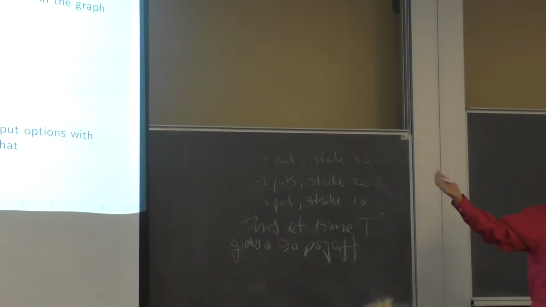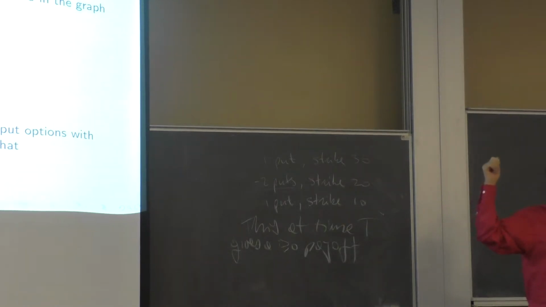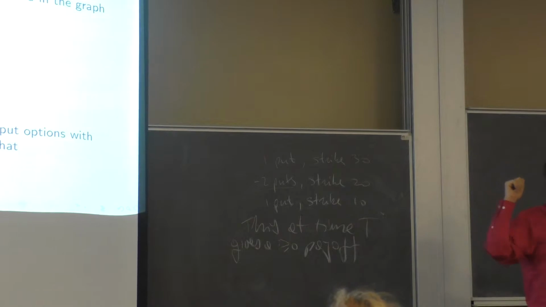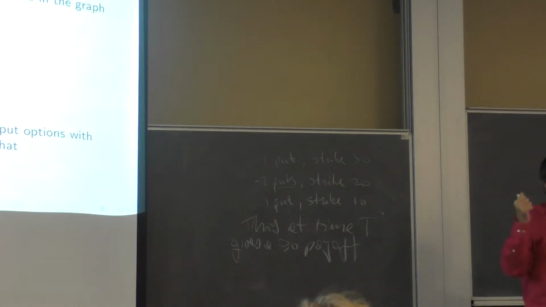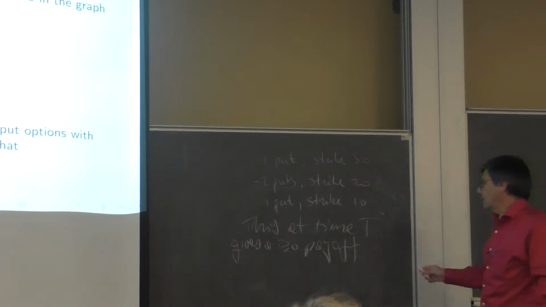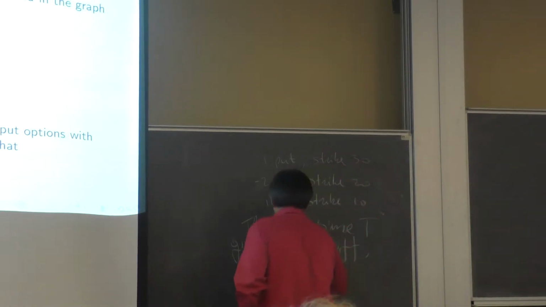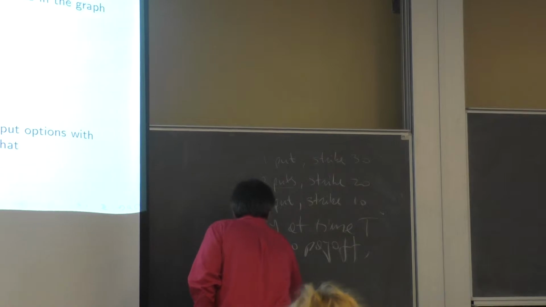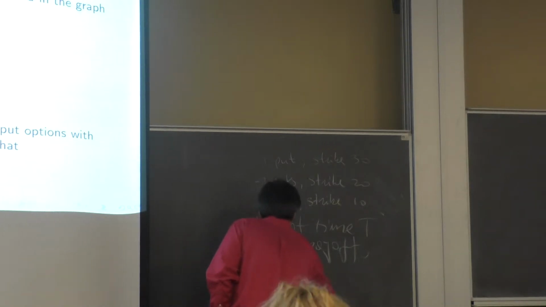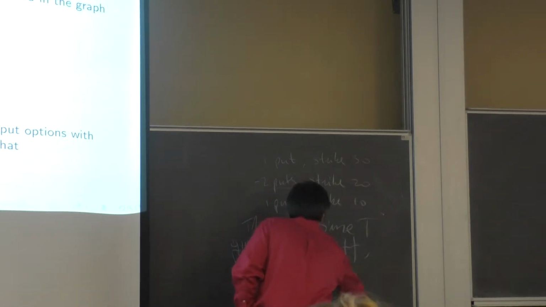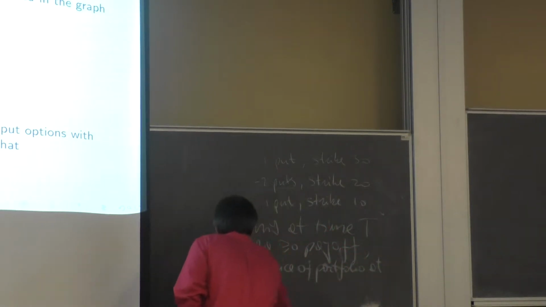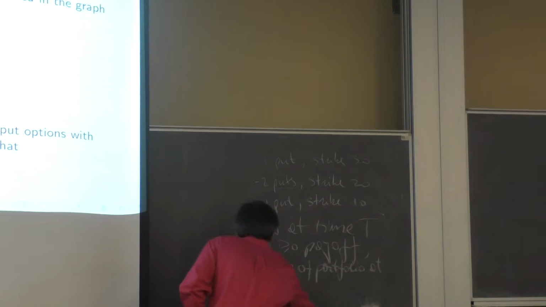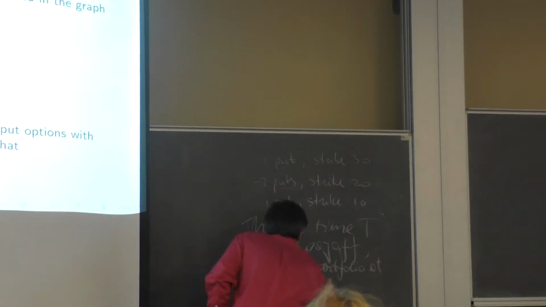In a better scenario, it's going to give me some positive number of pounds. What can I say about the price of such a thing? It's positive. So, the price of the portfolio at that time is greater or equal to 0.